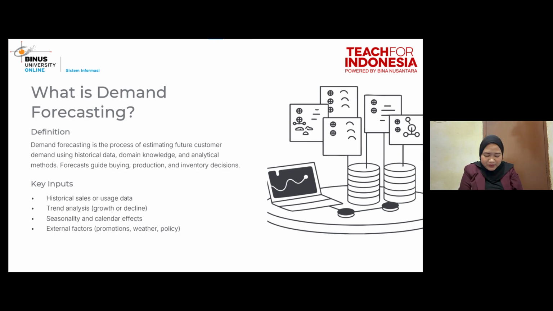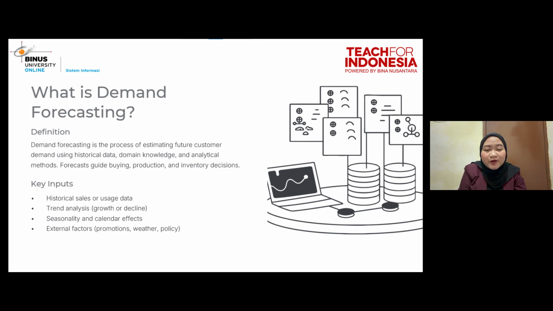For example, if a hospital has recorded daily platelet usage for several years, it can use those records to estimate how many platelet units may be needed tomorrow. Forecasting does not predict the future perfectly. Instead, it provides the best estimate available based on existing information.